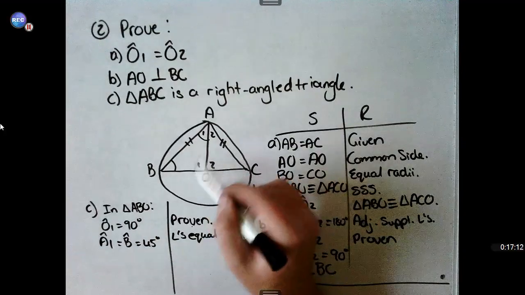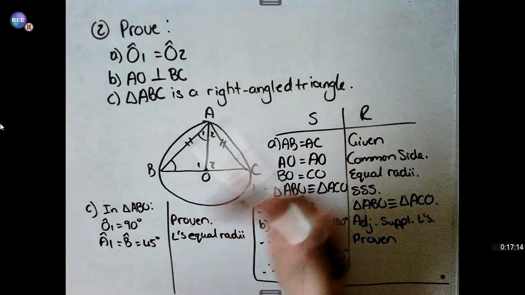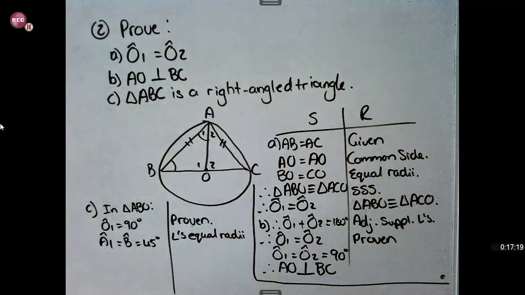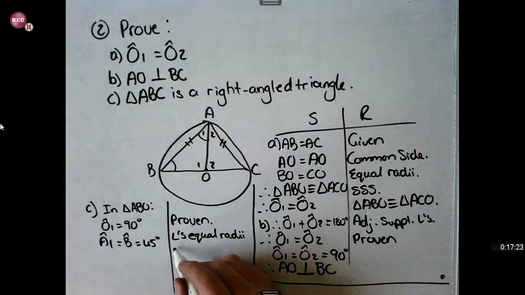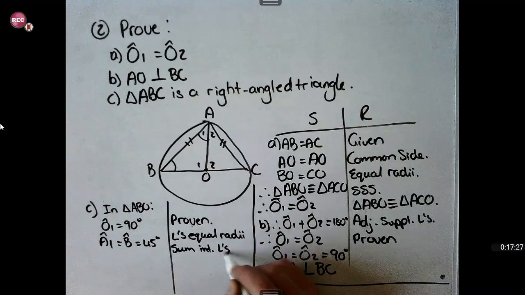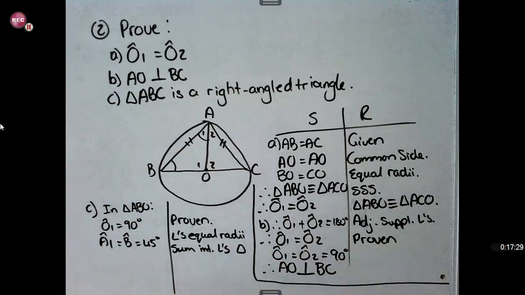Because this is 90 and both of them are equal, you say 90 divided by 2, which makes this 45 and that 45 degrees. And the only way that you get that is by the sum of the interior angles of a triangle.